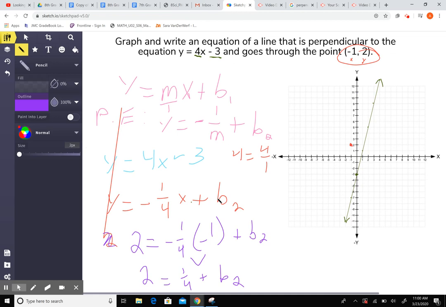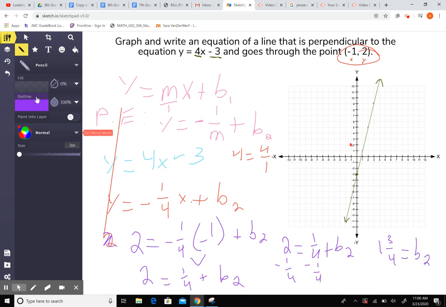If I have 2 equals 1/4 plus b2, I would just subtract 1/4 from both sides. And 2 minus 1/4 is 1 and 3/4, which is equal to b2.